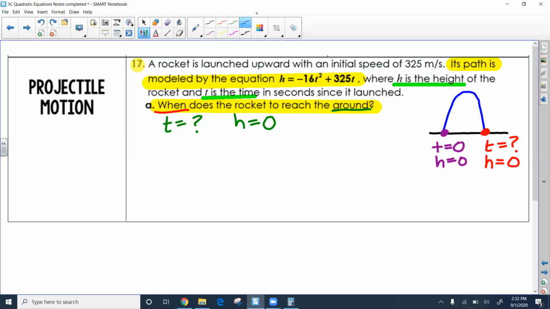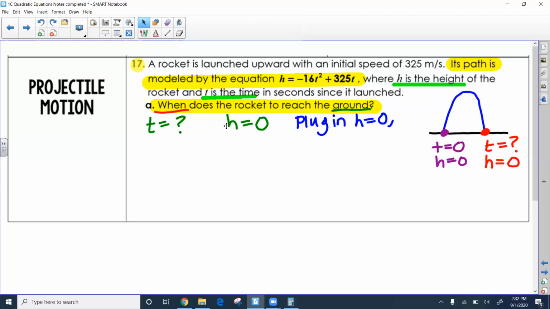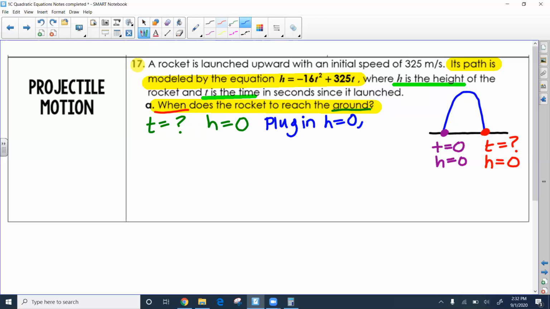So here's what we're going to do to solve this equation. We're given this equation here. We're going to plug in 0 for h. So plug in h equals 0, and then we'll be able to solve for t, because t is the variable we're trying to find.